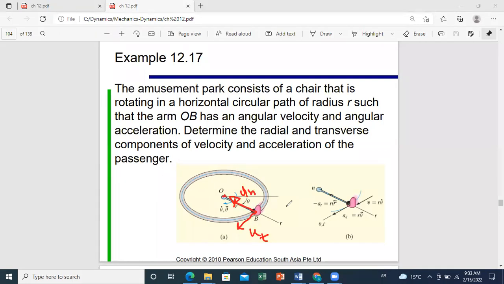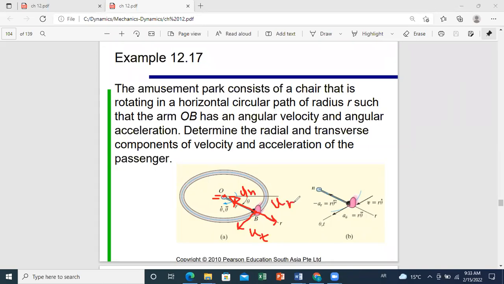First, if you remember, we defined the radial coordinate unit vector ur as a unit vector directed from the position point or reference point, which is O here, towards the point of interest. So here we are at point B, then ur is directed from O to B. So this is vector ur.